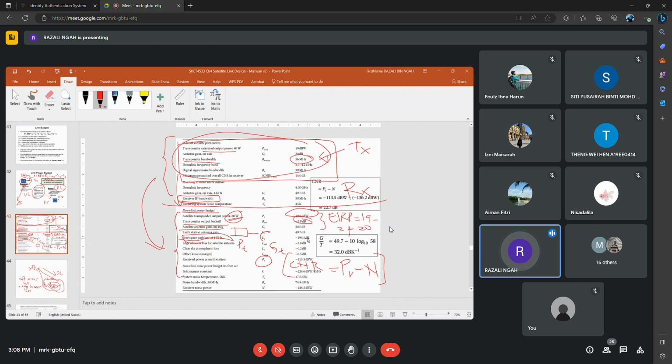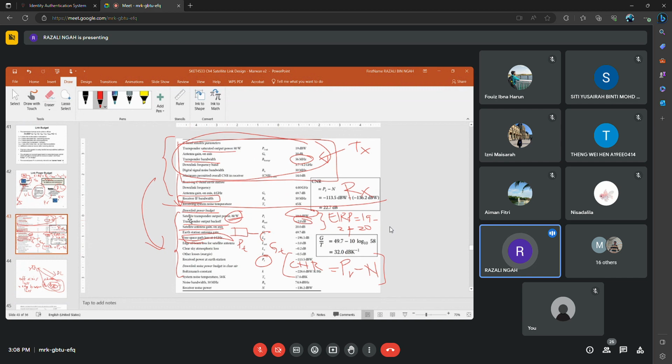All these losses, when mentioned in the sentence, use the word loss. For example, back off loss of 2 dB. In the sentence, there is no negative sign there.